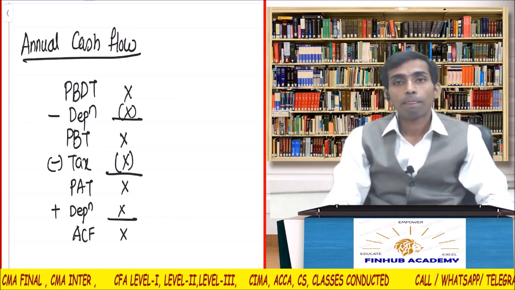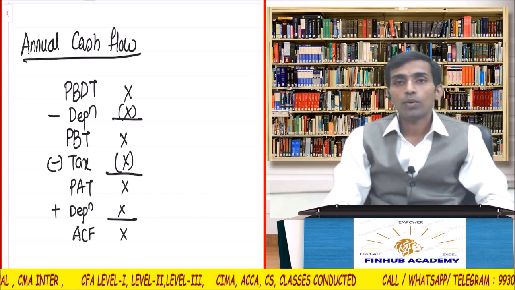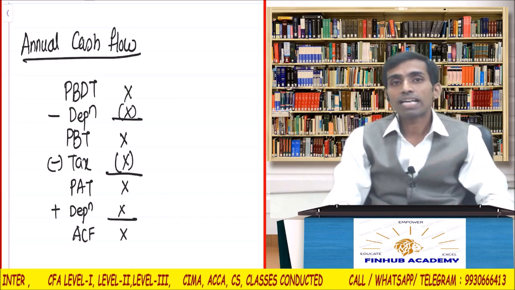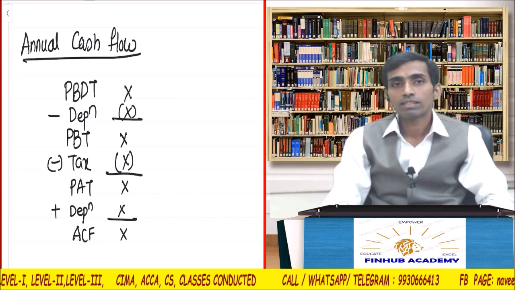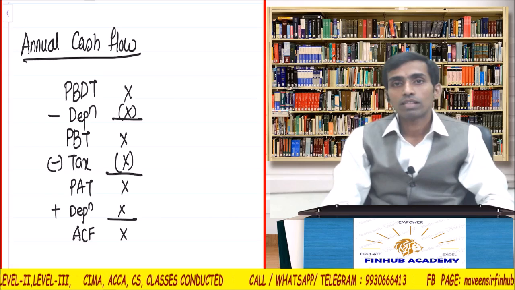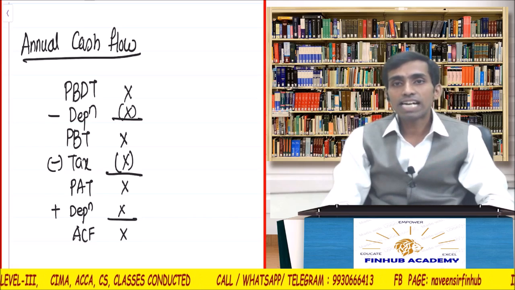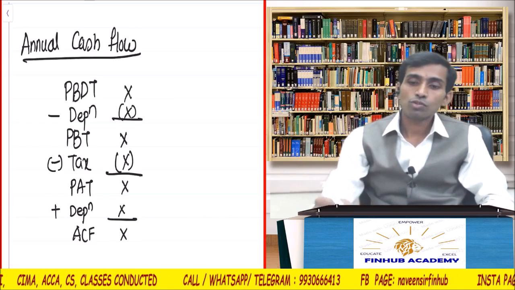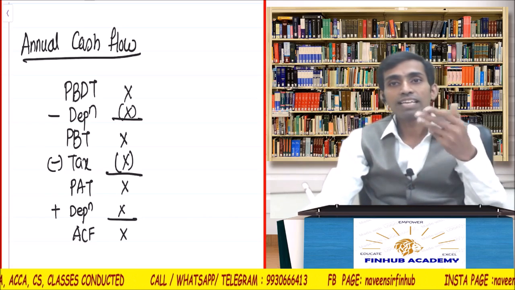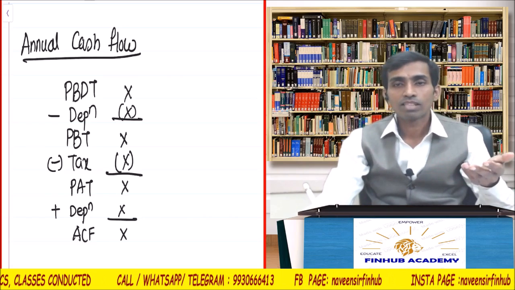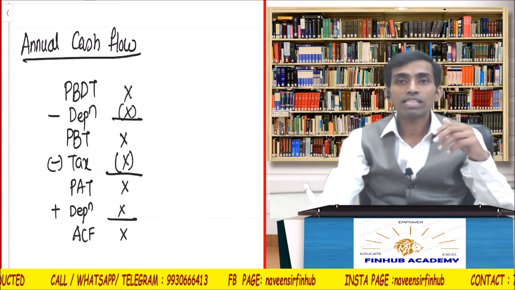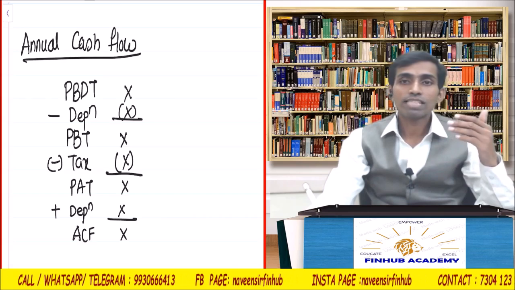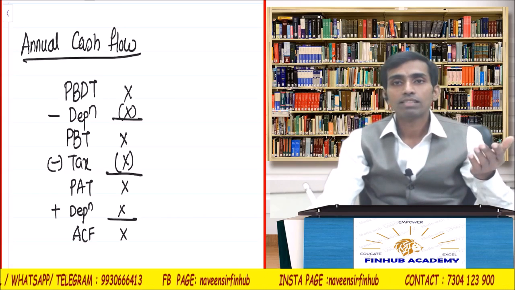Okay, now what I want to ask you is why I deducted the depreciation and then again added it back. It's a non-cash expense, that is the first thing. When I charge salary to my PNL, the salary is being paid in cash.